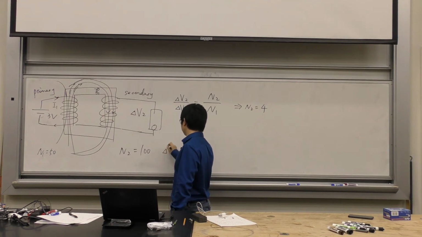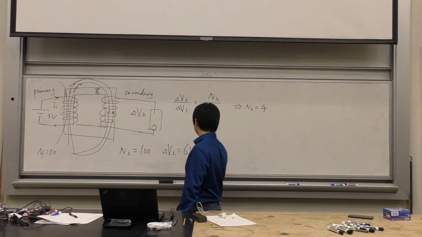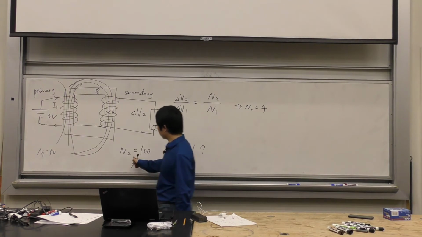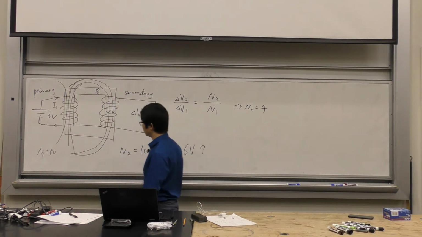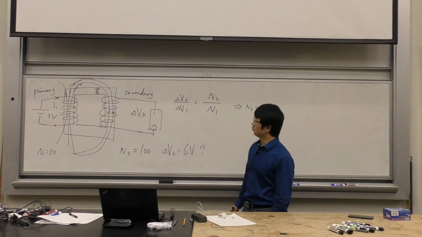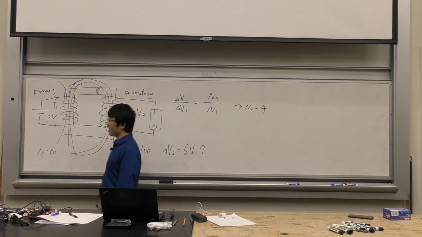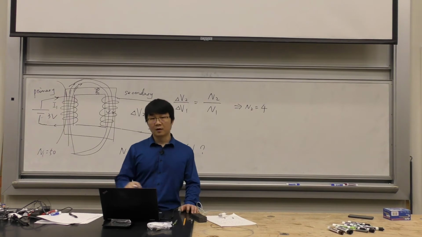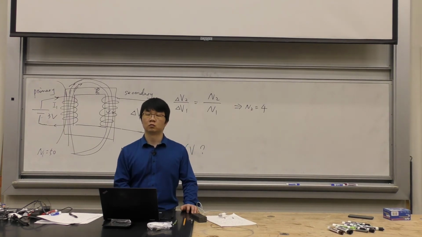Because we know that the voltage can be converted to the secondary, right? It just depends on the ratio of these two numbers of turns. But now if I connect the primary to a battery, can it do the job for us? What is your answer? The answer is no.